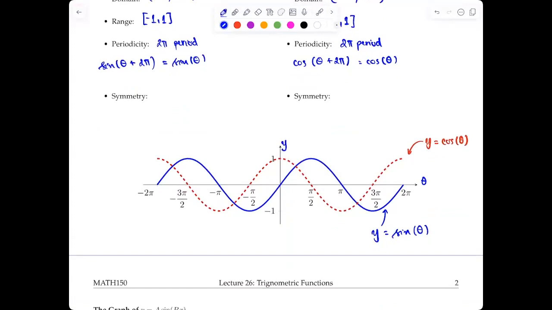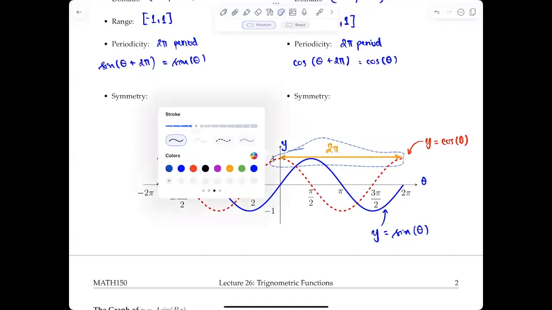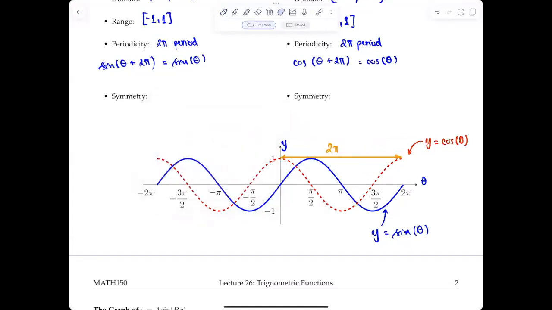Okay, so that's why it's a 2 pi period. Same thing if you, let's say, start at the bottom here on the sine function. You complete one cycle and get to this point. That is also 2 pi.